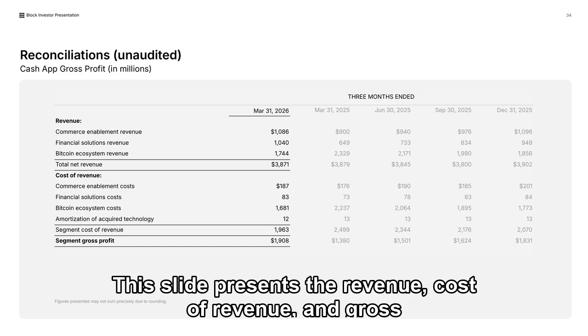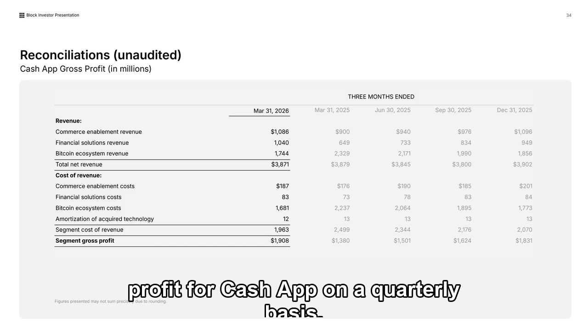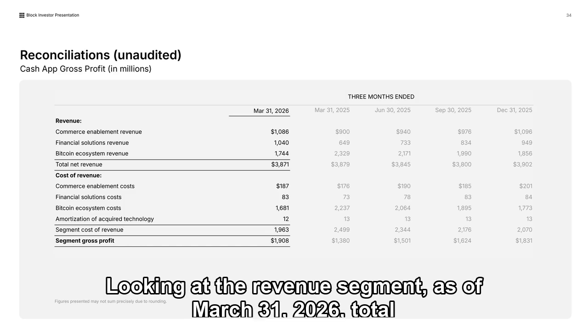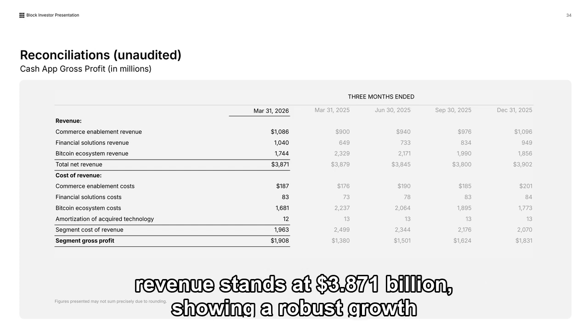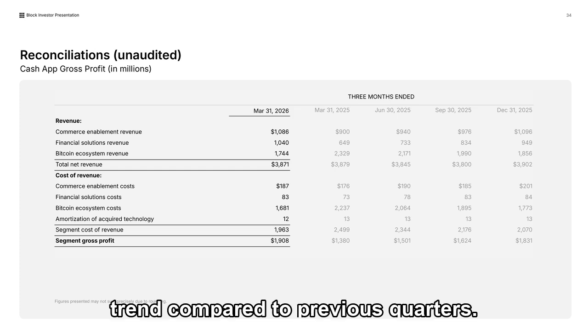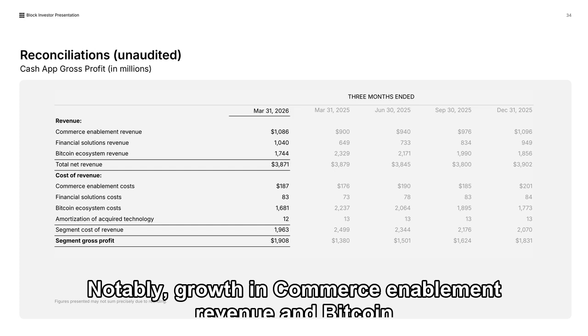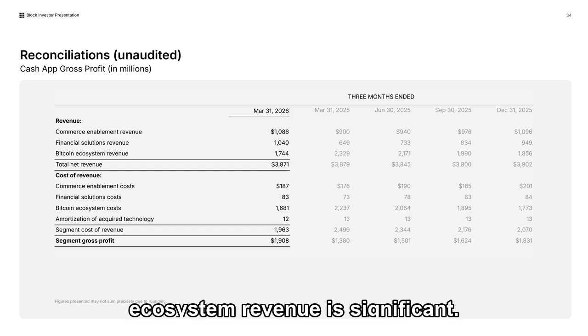This slide presents the revenue, cost of revenue, and gross profit for Cash App on a quarterly basis. Looking at the revenue segment, as of March 31, 2026, total revenue stands at $3.871 billion, showing a robust growth trend compared to previous quarters. Notably, growth in commerce enablement revenue and Bitcoin ecosystem revenue is significant.